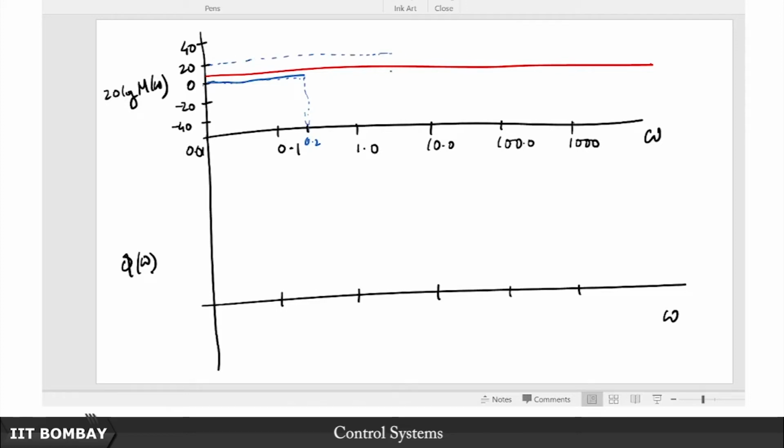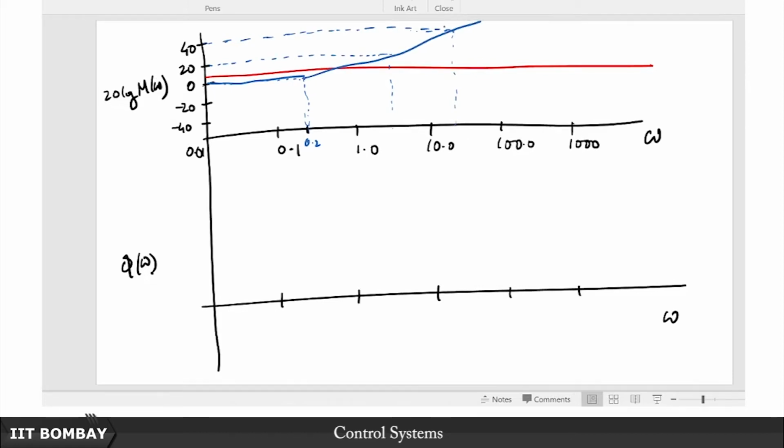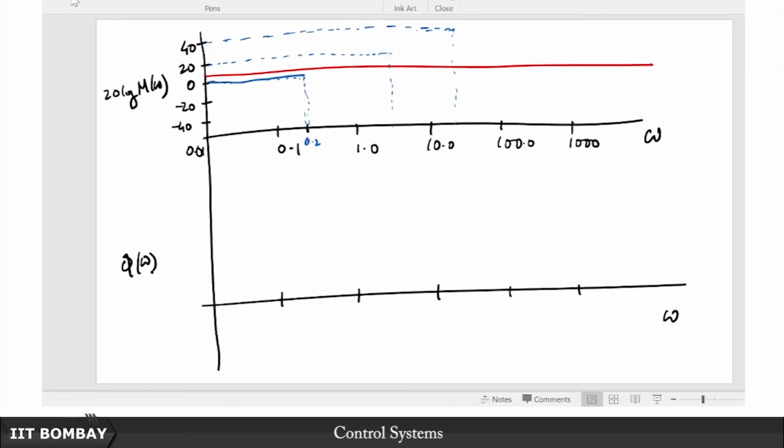So at 2 or thereabout, it will have 20 dB. At 20, which is somewhere here, it will attain this 40 dB value, because it is 20 dB per decade. If I just join, this is going to give me a reasonably good approximation. Again, please excuse this drawing, it may not look like a straight line.